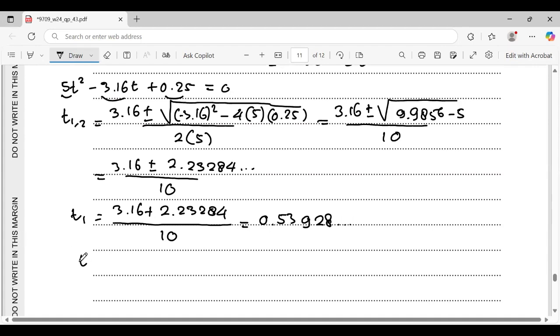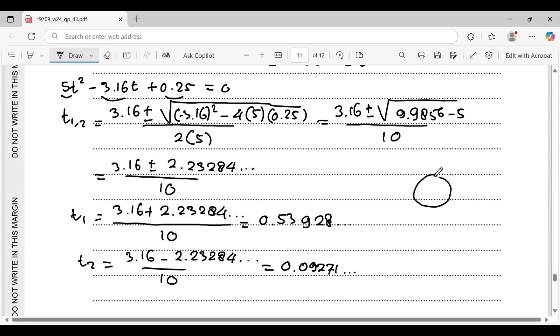And t2 equals 3.16 minus 2.23284, divided by 10, and the result is 0.09271.